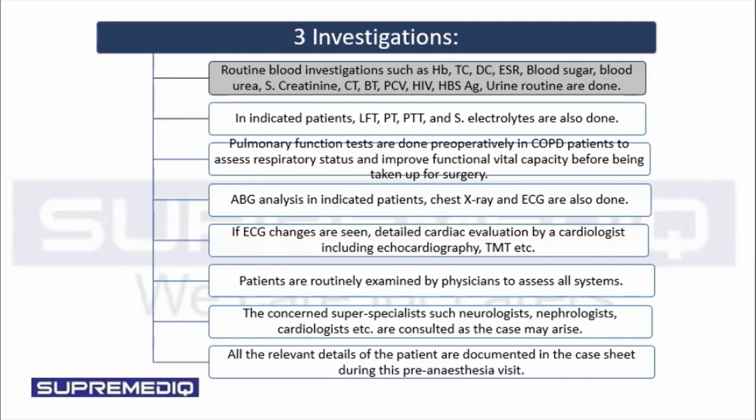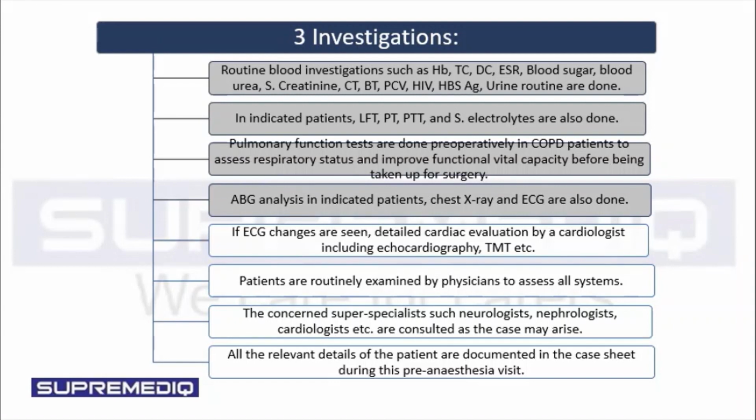In indicated patients, LFT, PT, PTT, and S electrolytes are also done. Pulmonary function tests are done preoperatively in COPD patients to assess respiratory status and improve functional vital capacity before being taken up for surgery. ABG analysis in indicated patients, chest X-ray and ECG are also done.